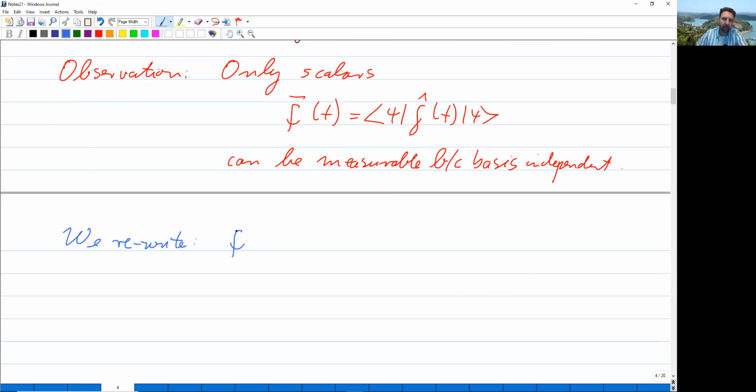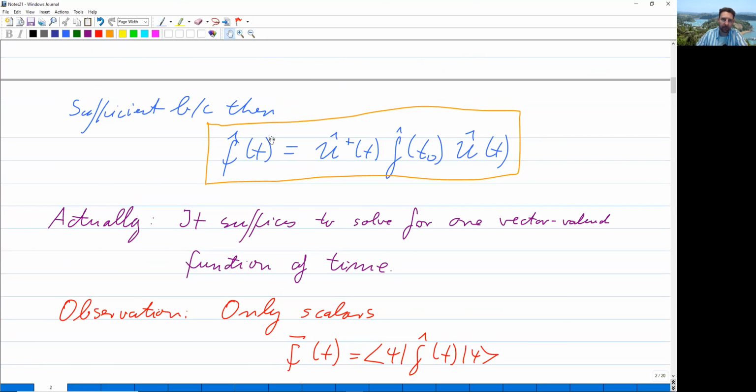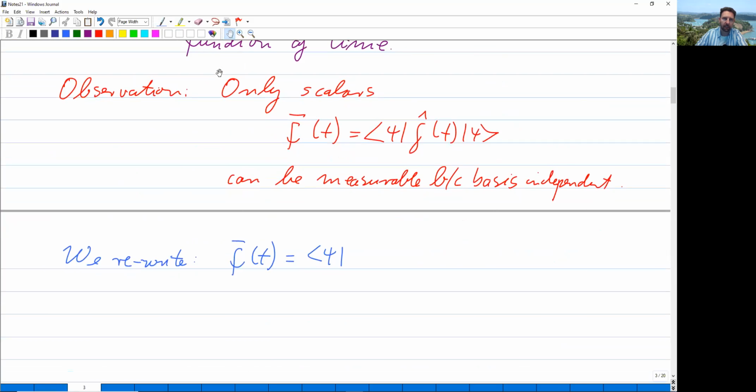We say that f bar of t is equal to psi, and then we use the fact that we have this equation in the box here. F hat can be expressed in terms of f hat at the original time, and then applying the time evolution operator to the left and to the right. So we obtain that this is u hat dagger of t, f hat of t naught, u hat of t, psi.